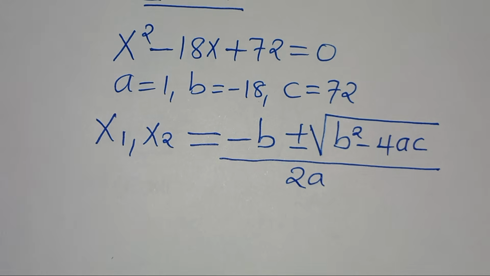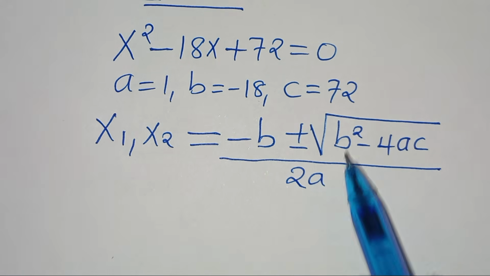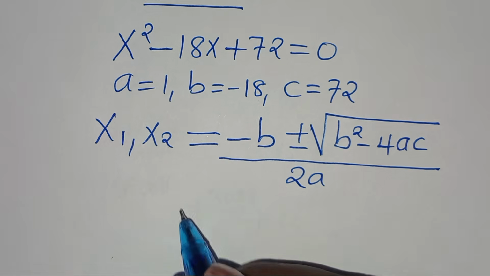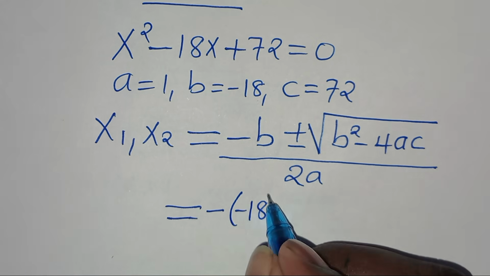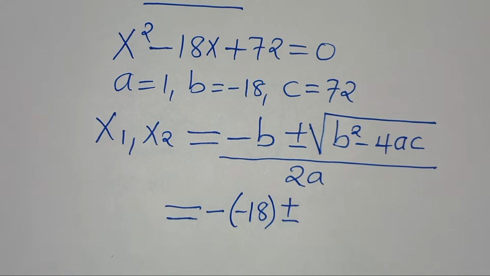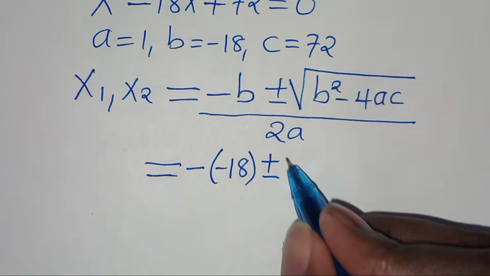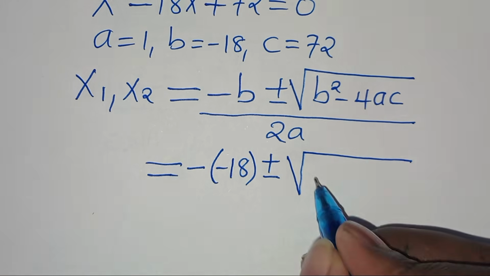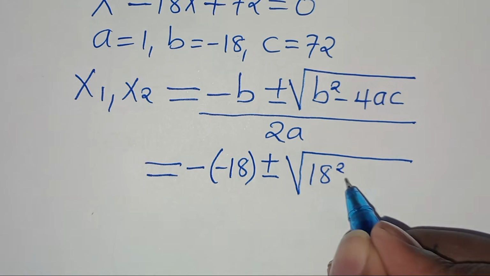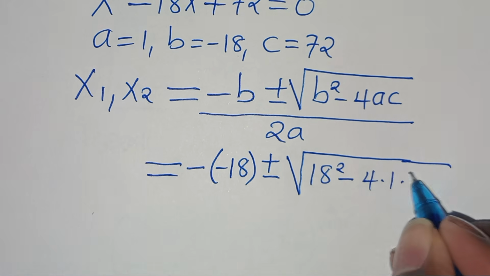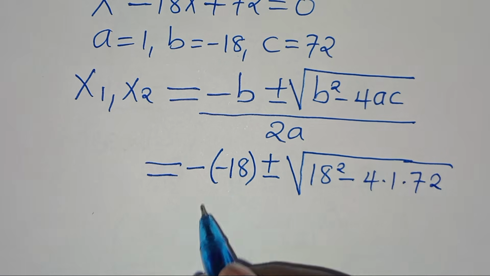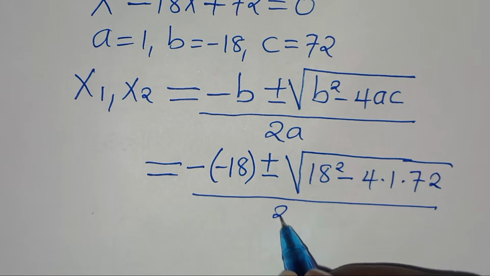Now let's substitute the values of a, b, and c into this formula, so that now we have minus times minus 18 plus or minus the square root of 18 to the power of 2 minus 4 times a, which is 1, then times c, which is 72, everything here divided by 2 times 1.